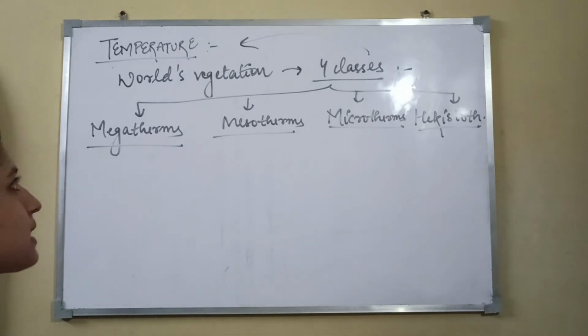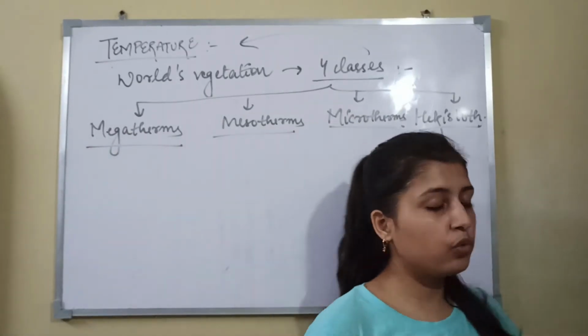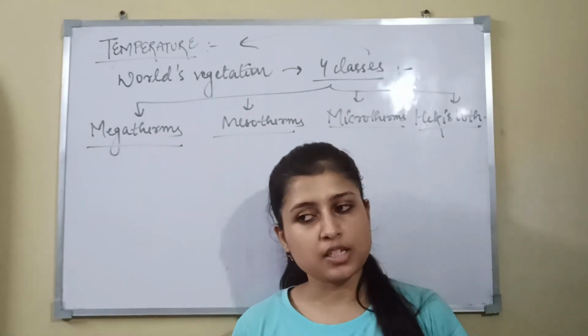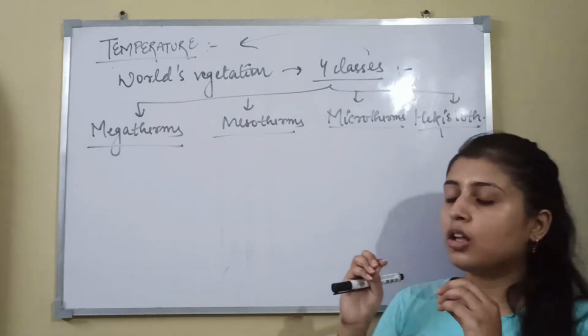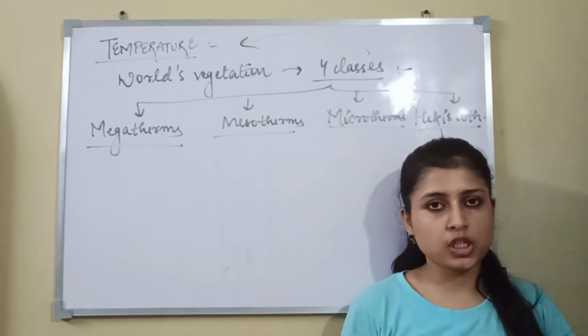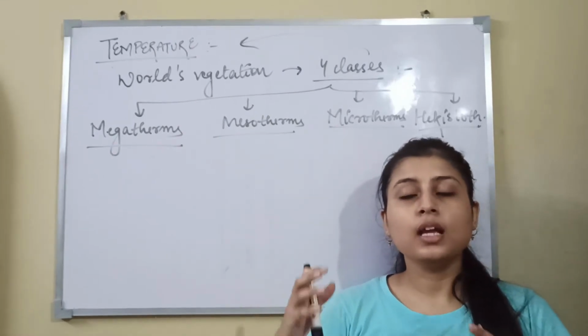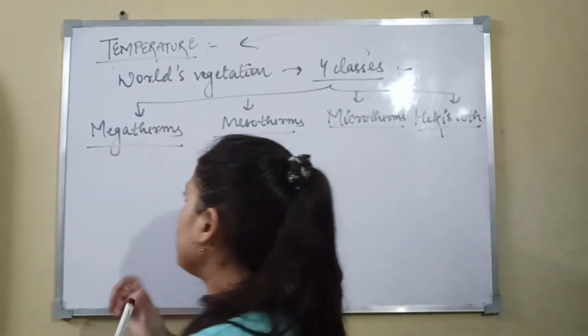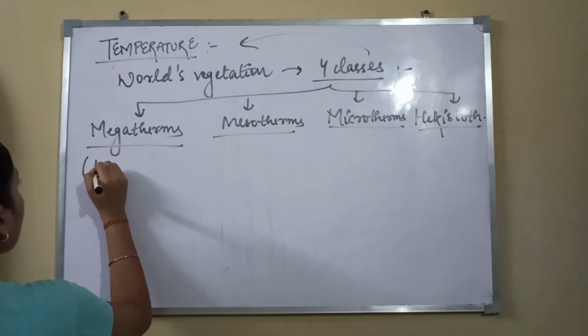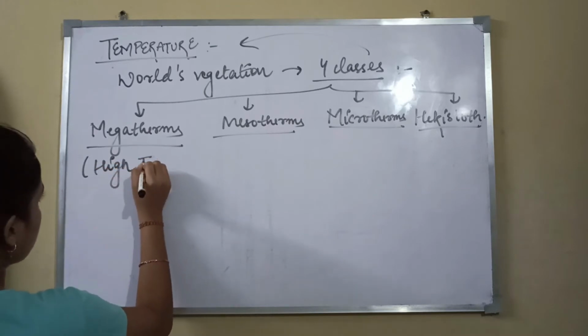So these are the 4 classes into which the whole world's vegetation is classified. So the megatherms are those areas or that vegetation where mainly high temperature persists.